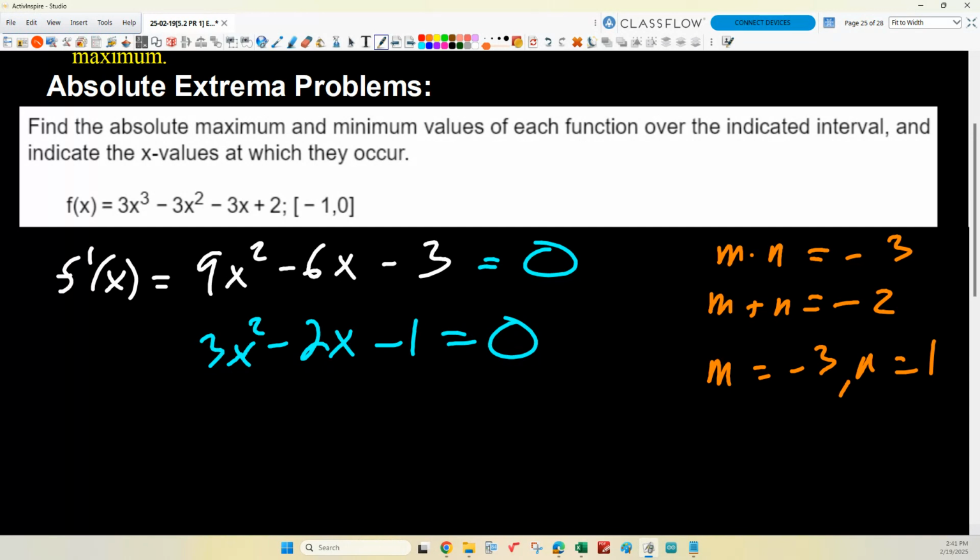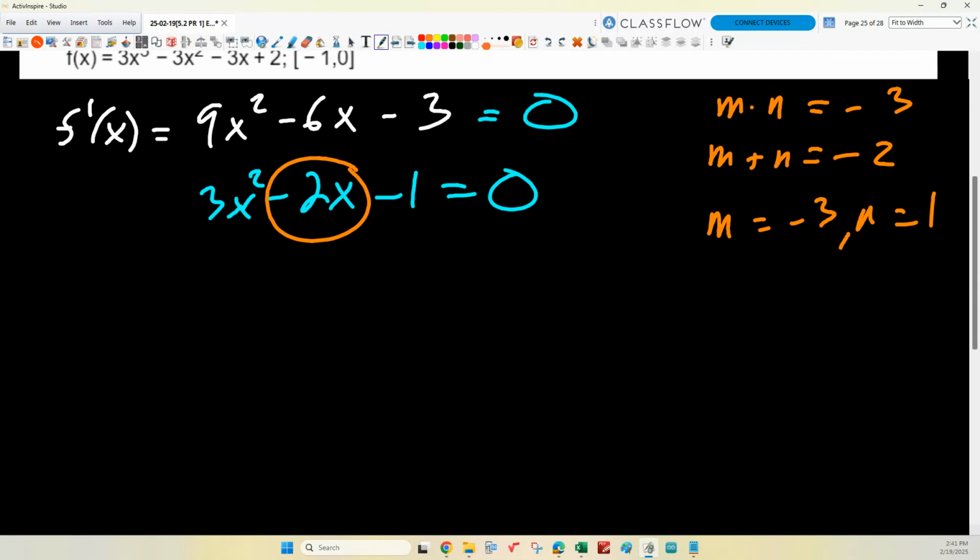Once we find those, that's how we're going to split the middle term, and then we'll just factor by grouping, because now we'll have 4 terms instead of 3. If you can find the magic numbers, factoring by grouping is 100% guaranteed to work. So we split the -2x into -3x plus 1x.